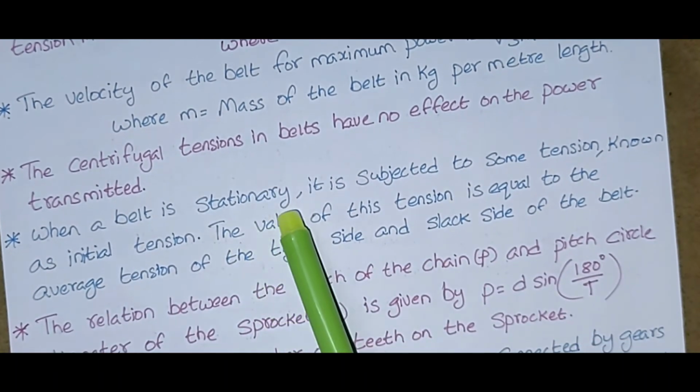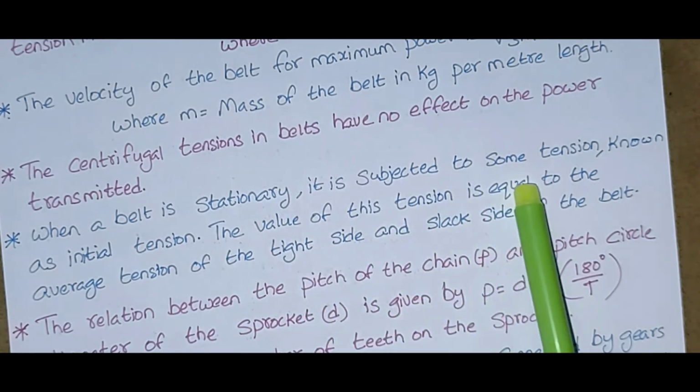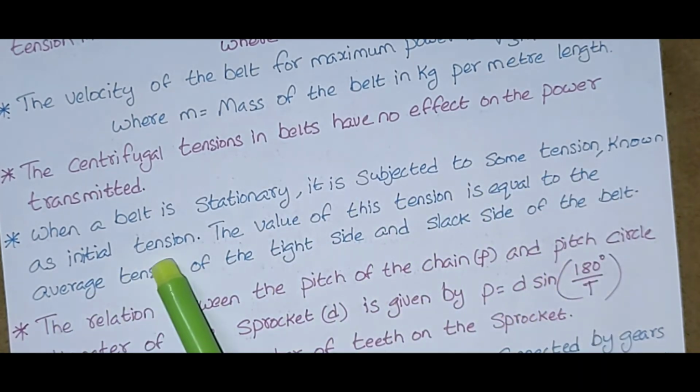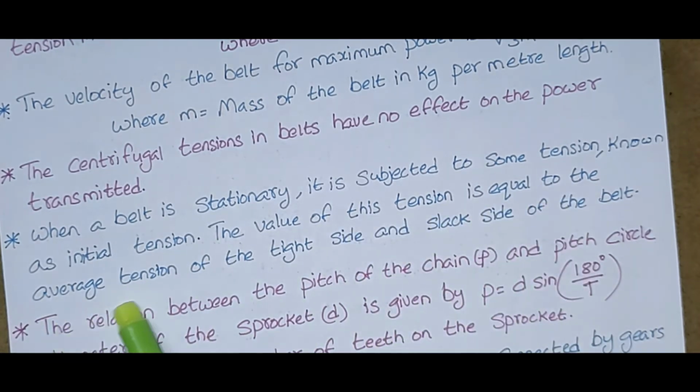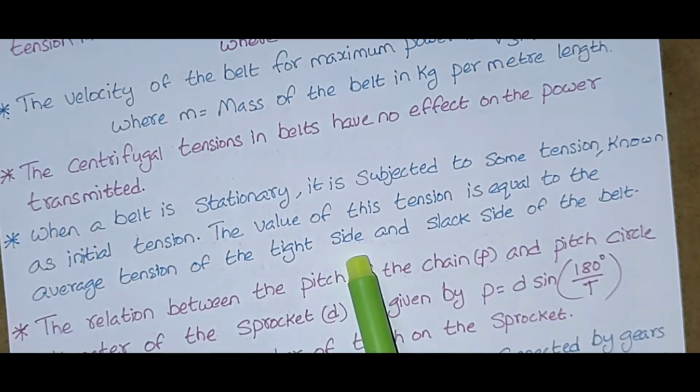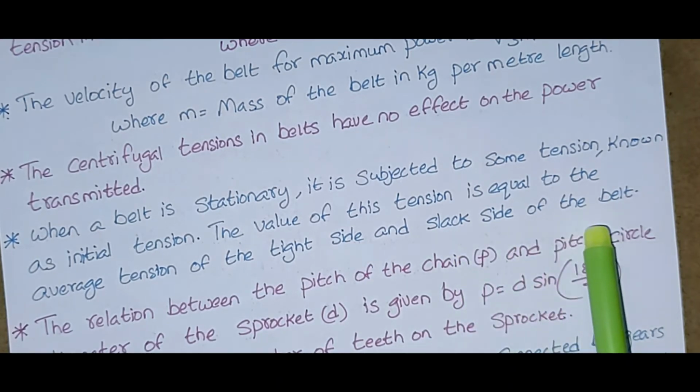When a belt is stationary, it is subjected to some tension known as initial tension. The value of this tension is equal to the average tension of the tight side and slack side of the belt.